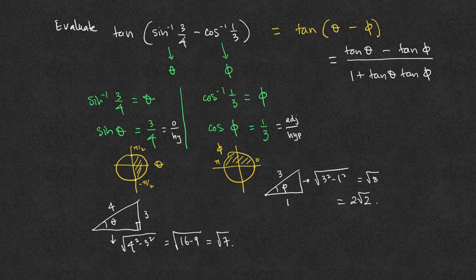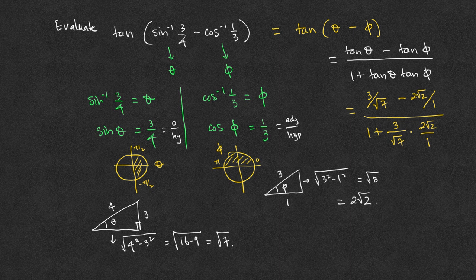Using the first triangle, tangent of theta is opposite over adjacent, minus tangent of phi, which is opposite over adjacent, over 1 plus tangent of theta, using the triangle with theta, opposite over adjacent, times tangent of phi, which is 2 root 2 over 1. We still need to simplify this expression.